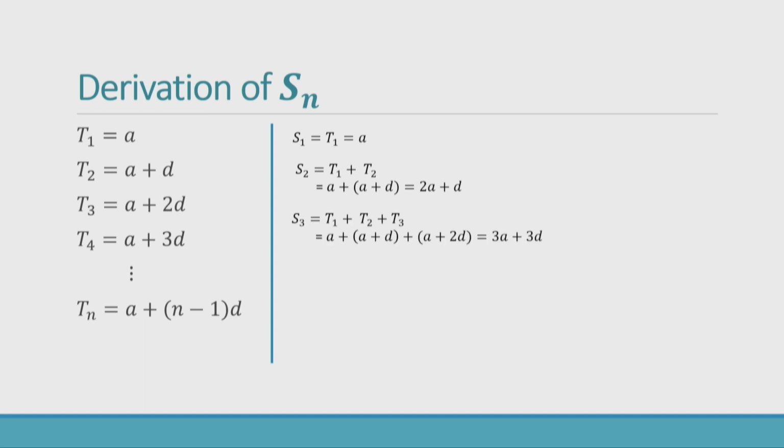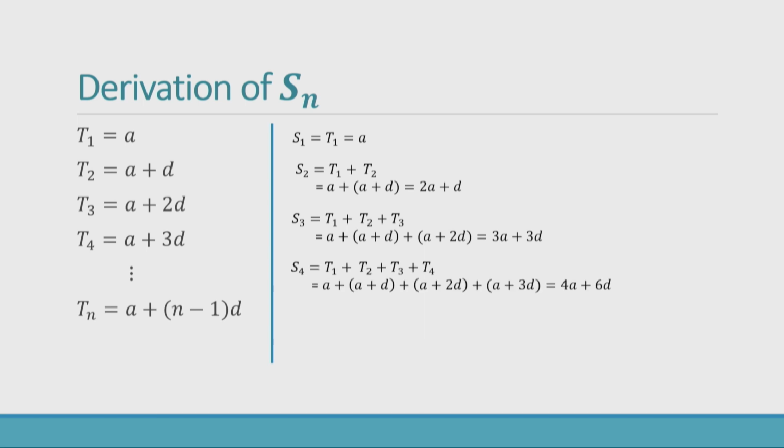S3 will mean the sum of the first three terms. That is T1 plus T2 plus T3. In other words, a plus (a plus d) plus (a plus 2d), which will give me 3a plus 3d.